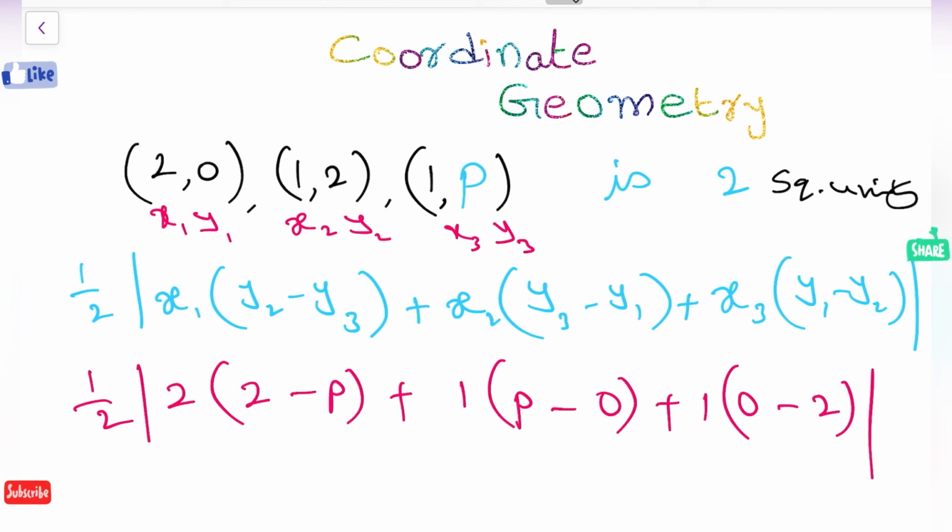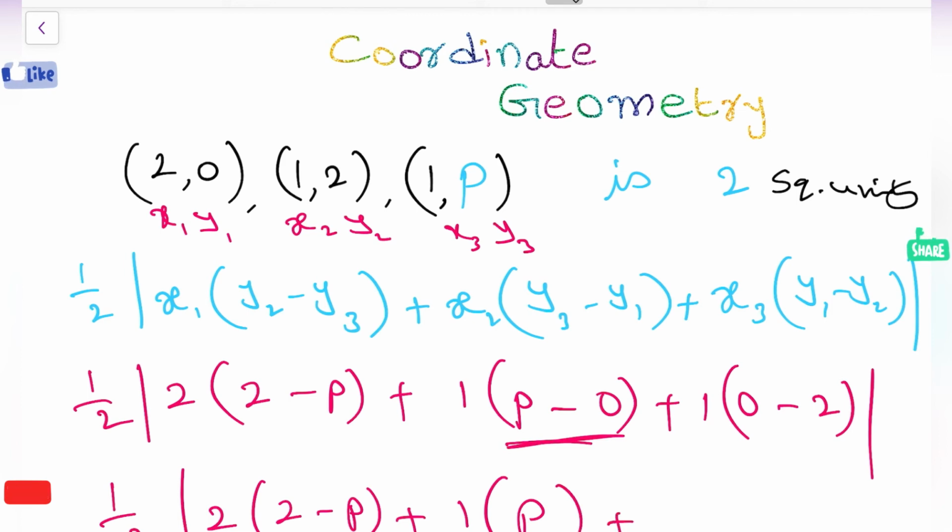Okay, nice. So half modulus 2 into 2 minus p, I cannot do anything, so I am writing it as usual, plus 1 into p minus 0, it is p, plus 1 into 0 minus 2, it is minus 2.